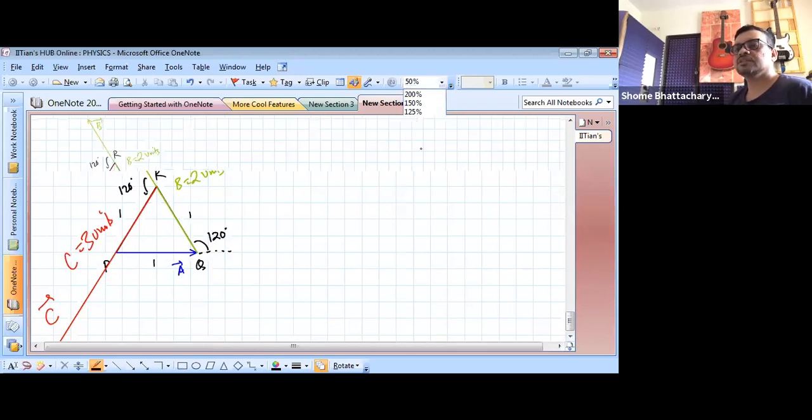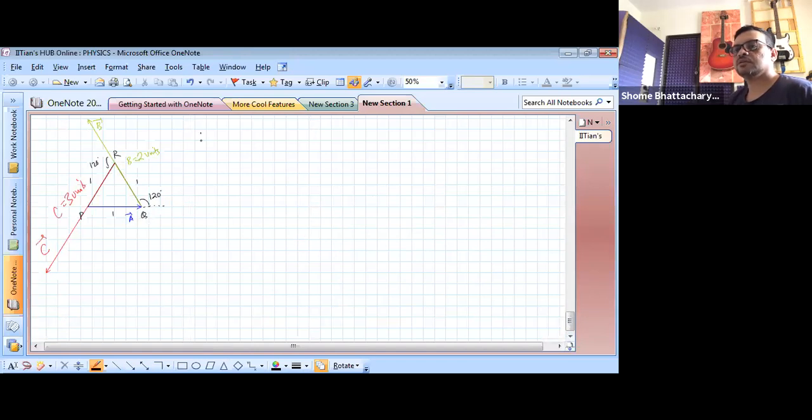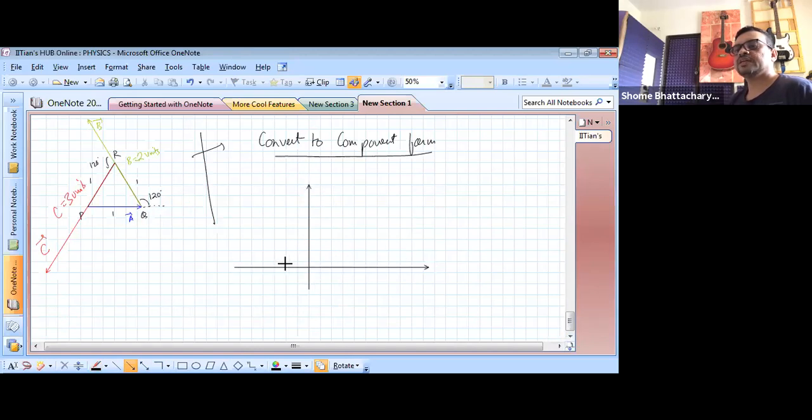One is the very simple thing, where we apply component algebra, so convert to components. It's pretty simple. We can just take those vectors and place them in the xy plane with the proper angles.